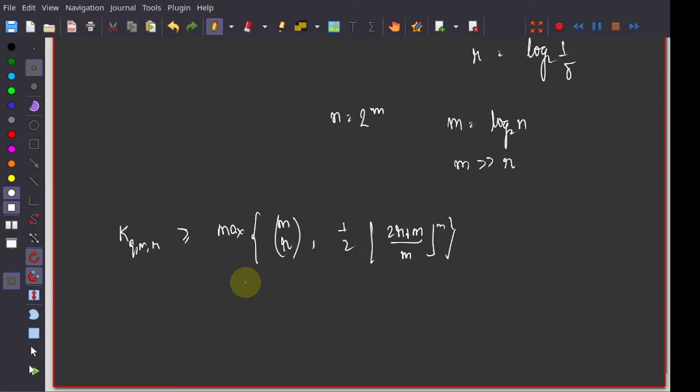I want to know what can be achieved. So out of these two, which one do you think is going to be larger? Why do you think that is the case?